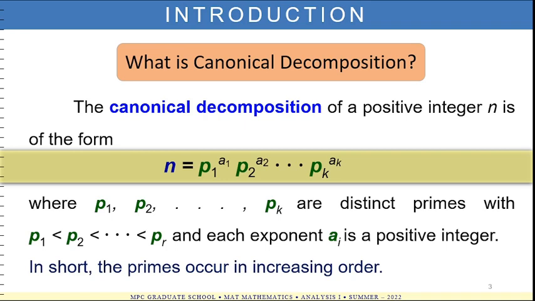And each exponent a sub 1 up to a sub k is a positive integer. In short, the primes occur in increasing order or in numerical order.